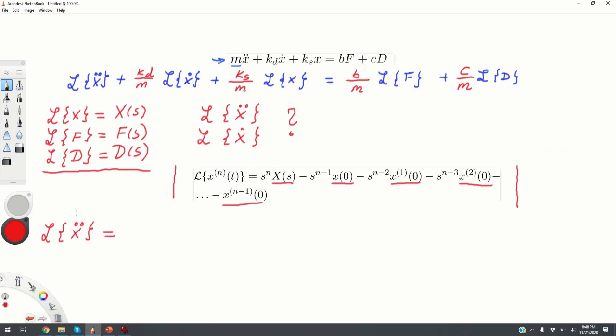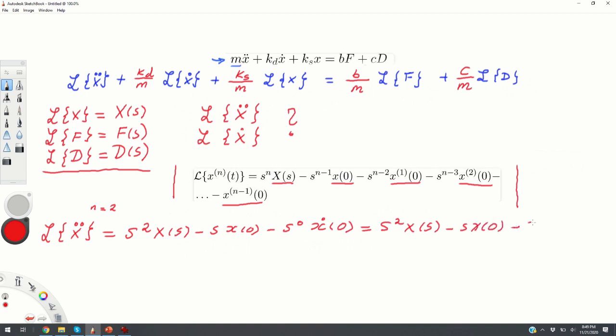Here n is equal to 2, so we obtain... Good.